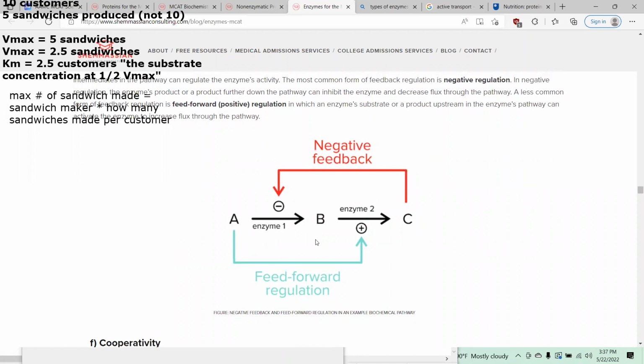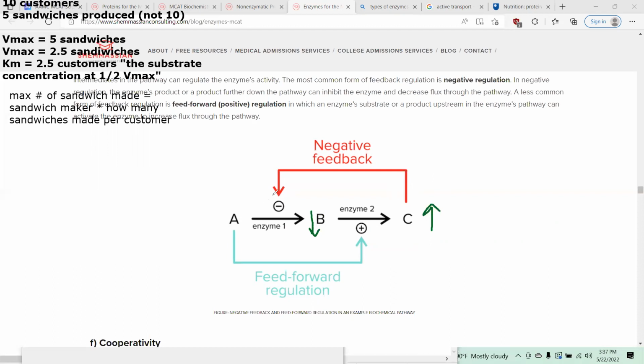So A is the reactant that gets turned into B, which gets turned into C. If we have too much C, then we don't want to keep making more B, because B gets turned into C. So if we have too much C, then we don't want to turn any more A into B. So the existence of C tells enzyme 1, okay, let me reduce the amount of B that I make. This is called negative feedback. The product later in the line tells something earlier in the line, hey, you can slow down.